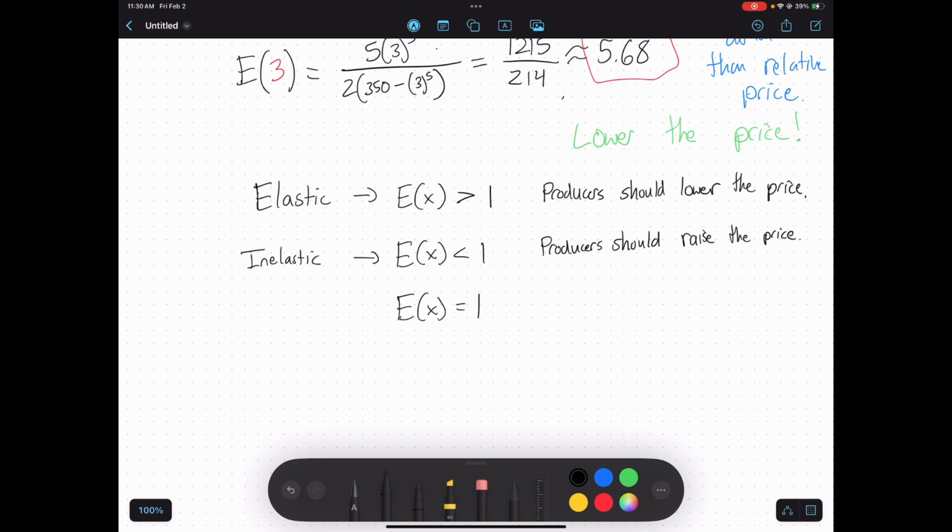Same thing if I lower the price. It'll have an equal effect on my demand, and it's not going to affect my revenue. So, should I change the price? No. And usually, we call this unit elasticity. And usually if this occurs, that means we've reached our max revenue.